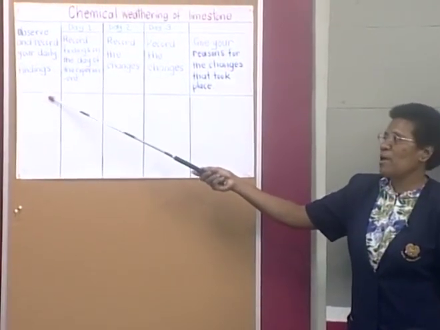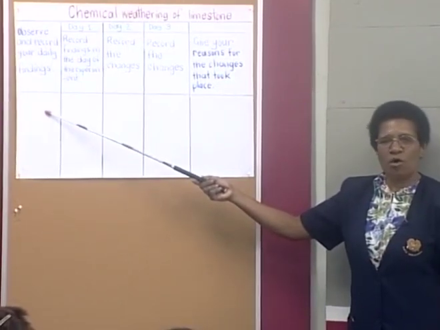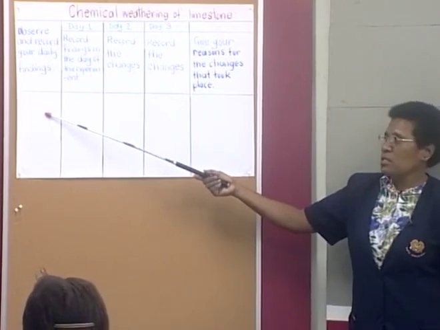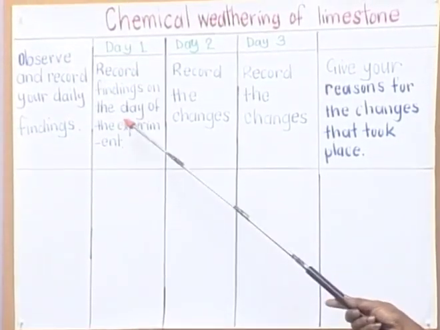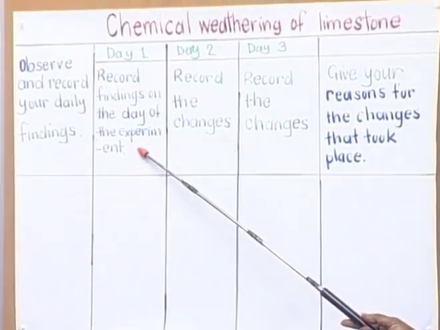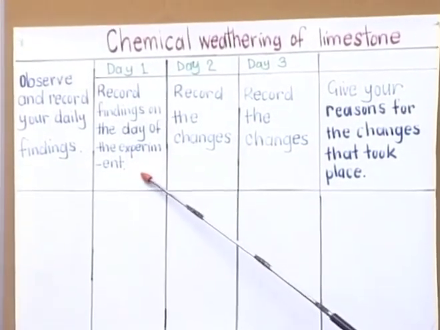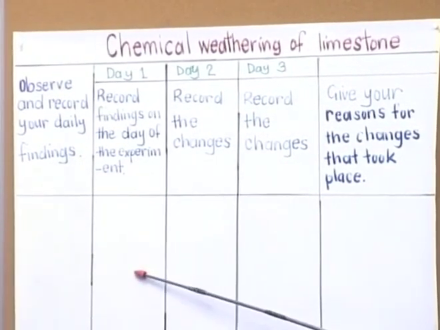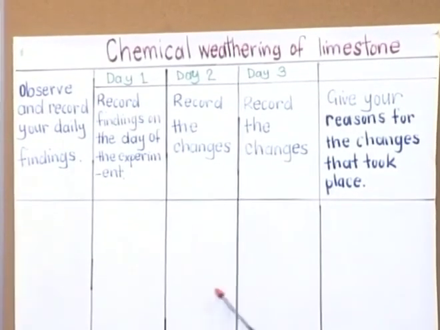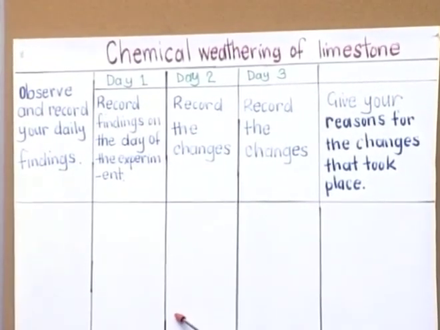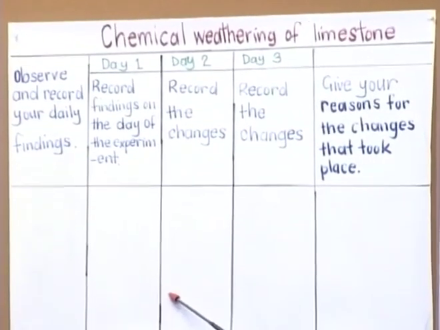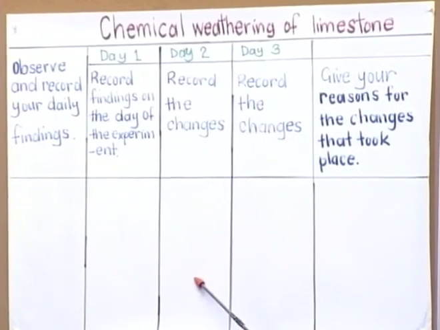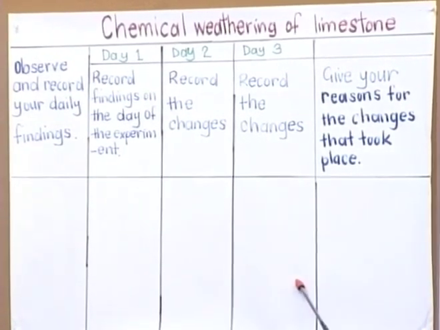This experiment, we will be observing over 2 or 3 more days. Day 1 is today, this lesson. What your students find, they should record. And the next 2 days, they will continue to observe the changes that take place in that limestone and record them where it says second day and also third day.